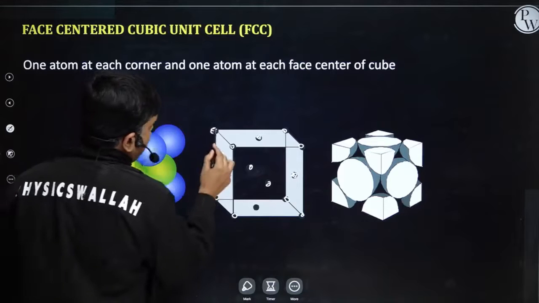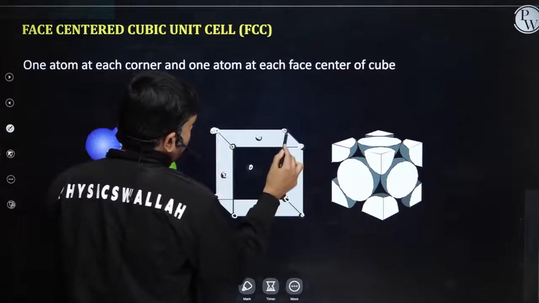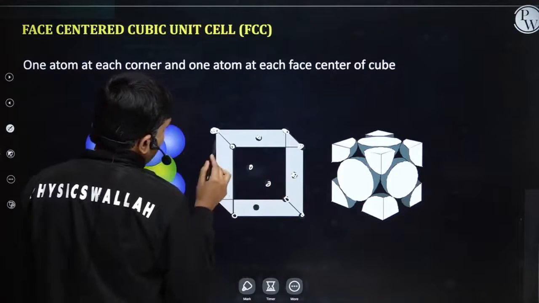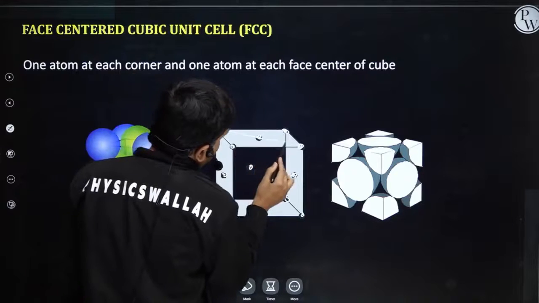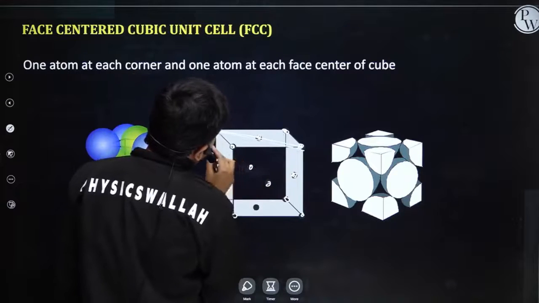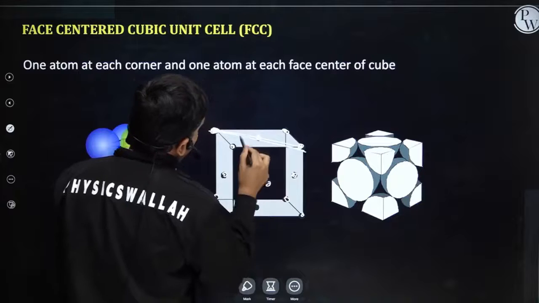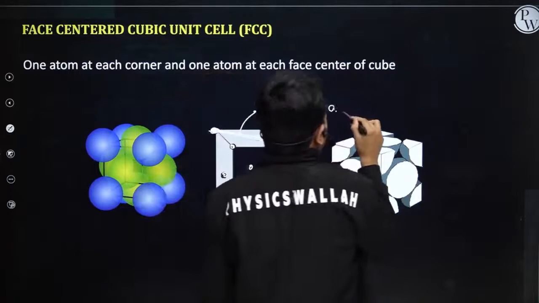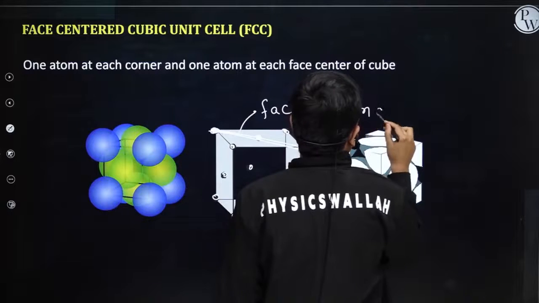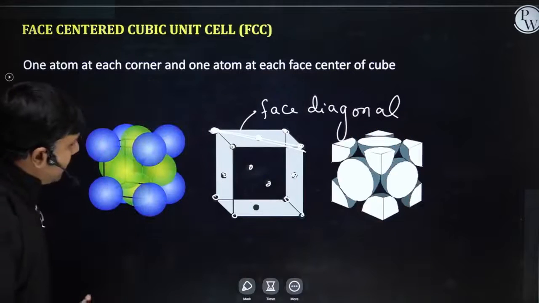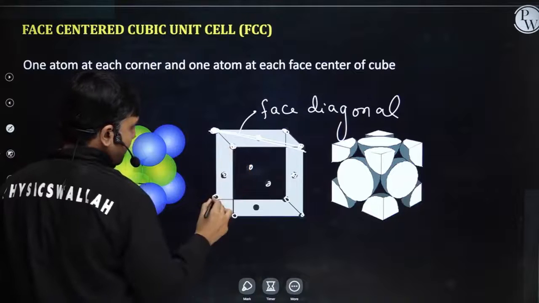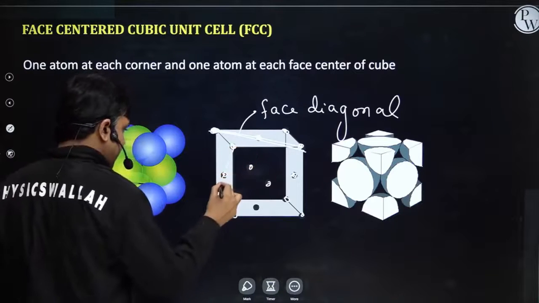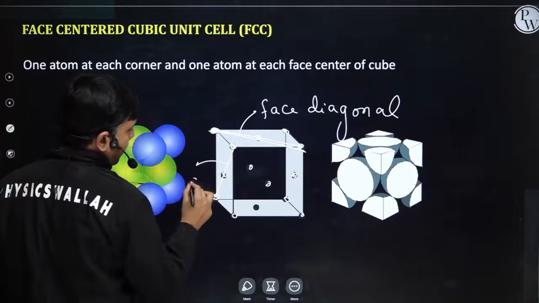Now, these corner atoms will touch the face center atoms along the face diagonal. Am I clear, students? Similarly here, these corner atoms will touch this face center atom along the face diagonal.